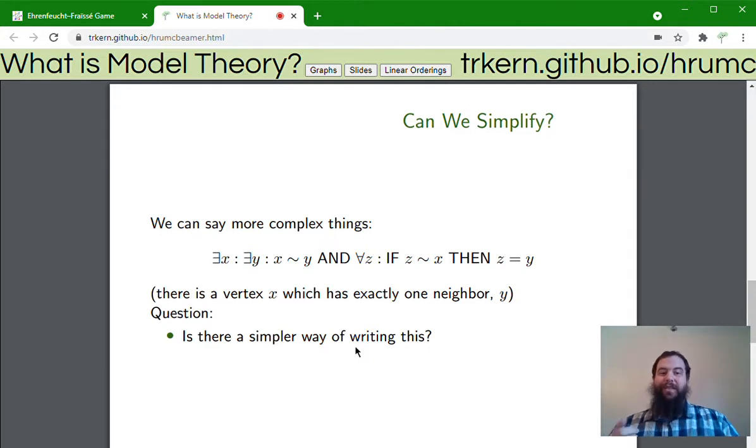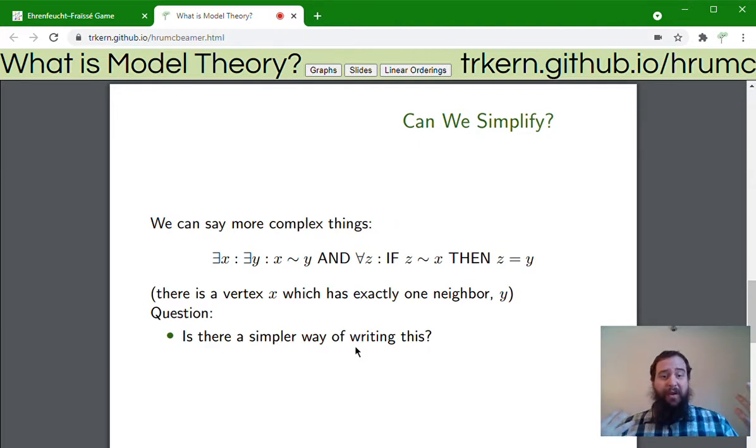In other words, if you unpack that, it takes a little practice to be able to unpack these first order logical formulas. If we unpack that, it reads as there's a vertex x that has exactly one neighbor y. In other words, there's a vertex with degree 1.